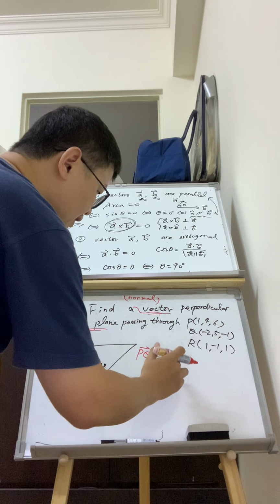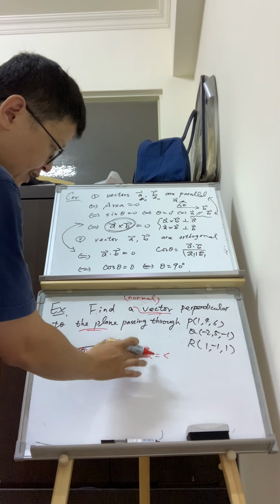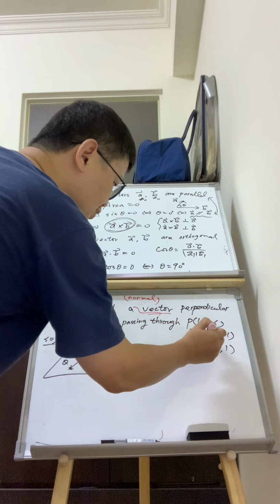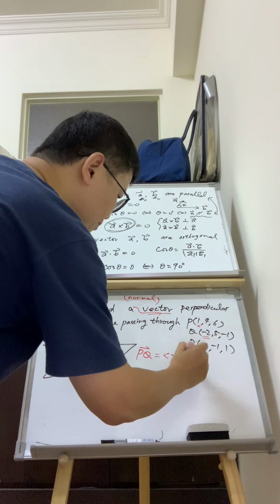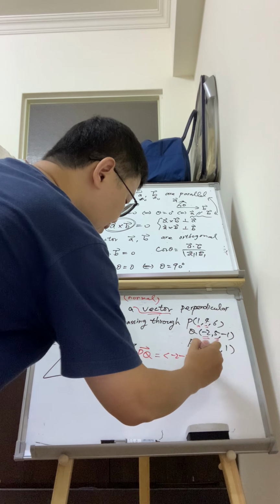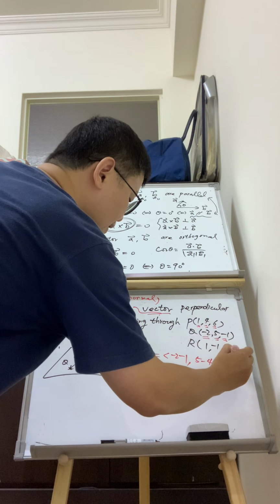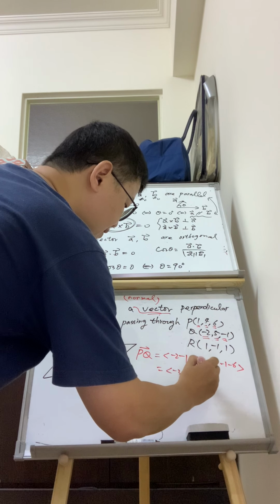For PQ, P is the initial point, Q is the terminal point. So terminal point subtract initial point. So Q subtract P in the first coordinate, second coordinate, and third coordinate. So it's exactly negative 3, 1, negative 7.